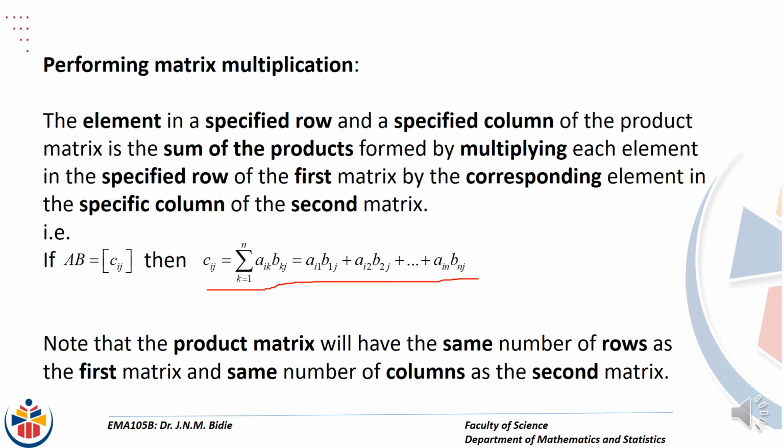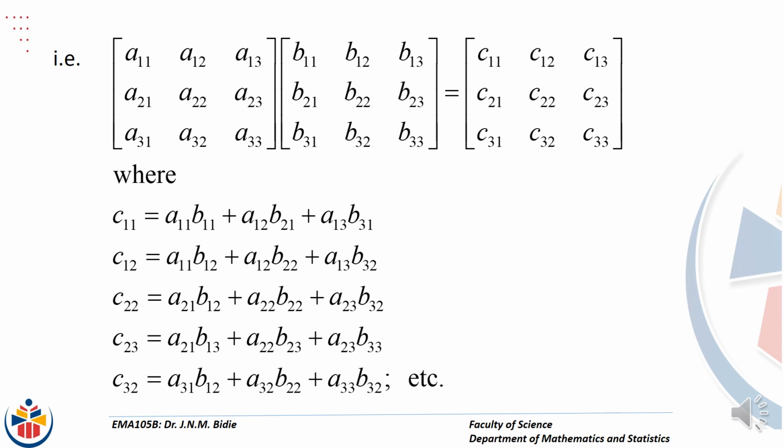Now let's quickly go through the specific rows so that we get this right. Now here is my matrix A, and this is matrix B, and that is the product matrix, matrix C. Note, in order for me to get C11, I have to multiply the row of A by the column of B. So first row, first column gives me C11.